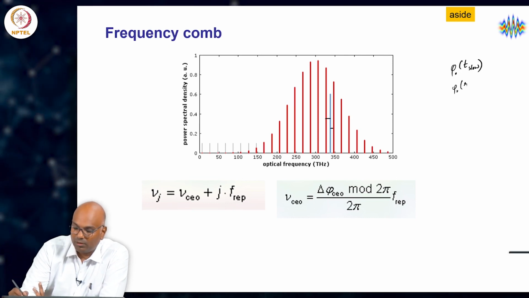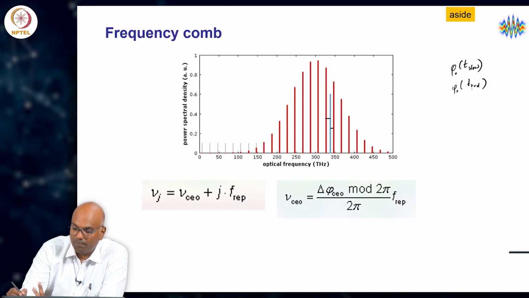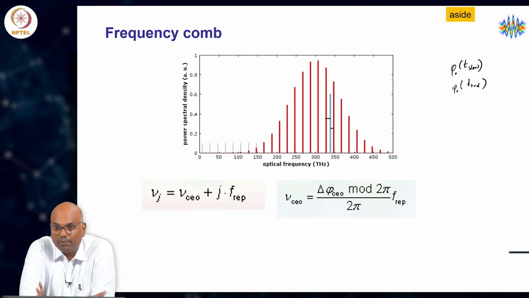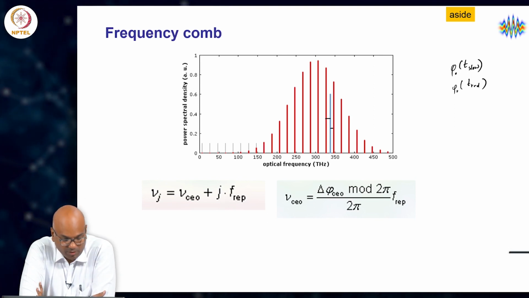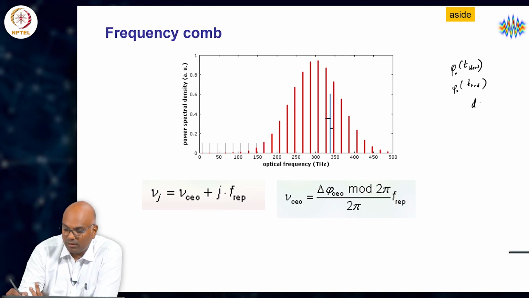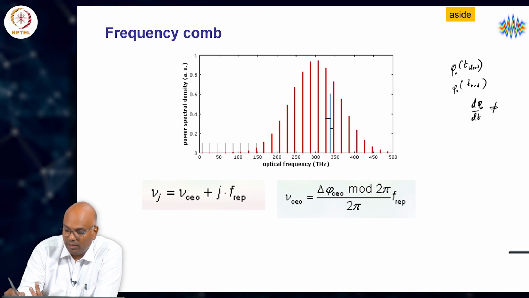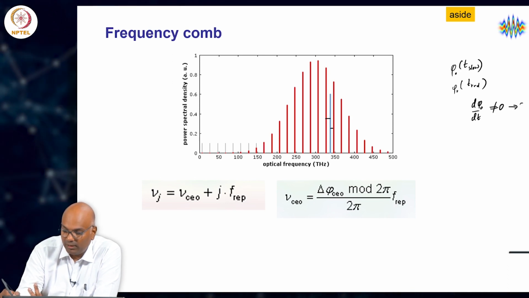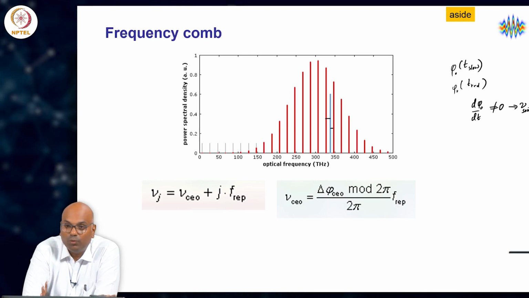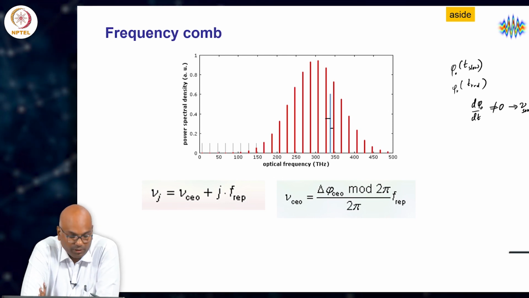Phi naught varies randomly in time, which it does in a laser unless we do something to control it. Then what happens is this gives us a frequency, because any dphi/dt, if it is not 0, is some frequency. What it is, is our burden to interpret.